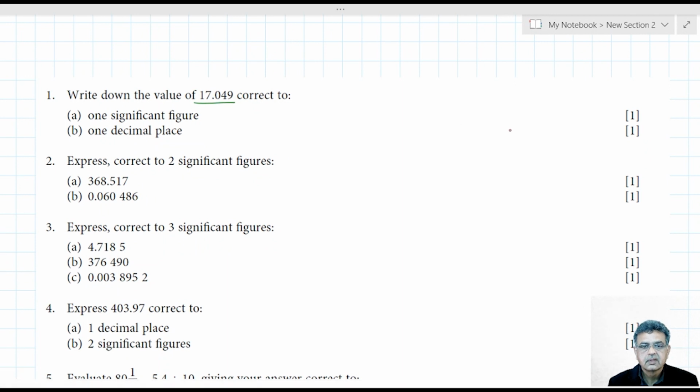17.049. One significant figure, that means first of all, if we round it off, that will be 17. But still it is two significant figures.